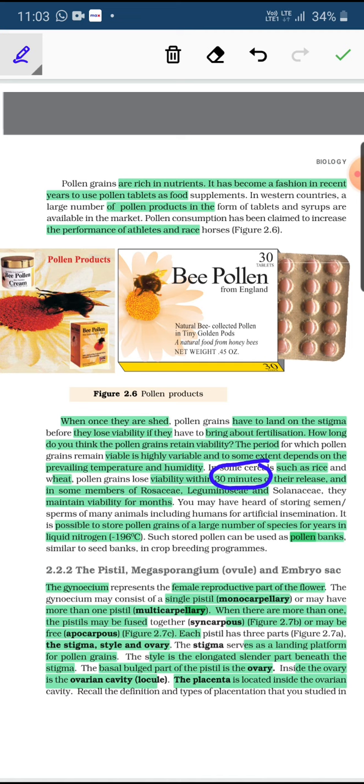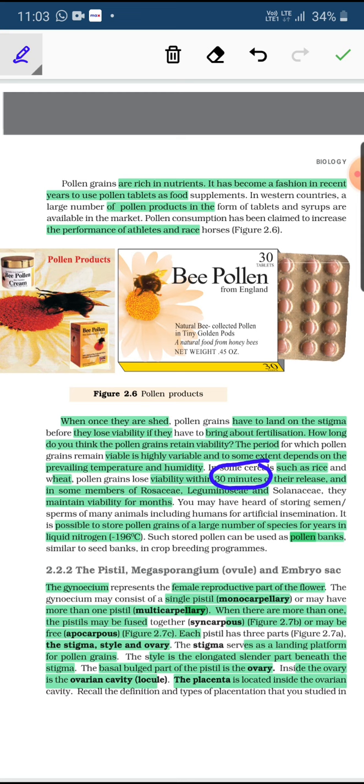The last thing in this topic is how we can store the pollen grains. You must know about artificial insemination, in which the fusion of the gametes is done in the laboratory, and here the gametes of humans are preserved. As we can preserve the gametes of humans, in the same manner we can also preserve the gametes of flowering plants, that is, the pollen grains.